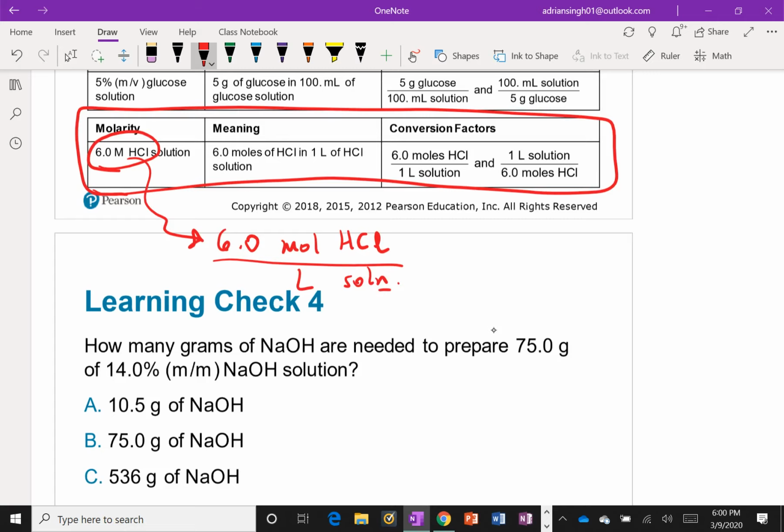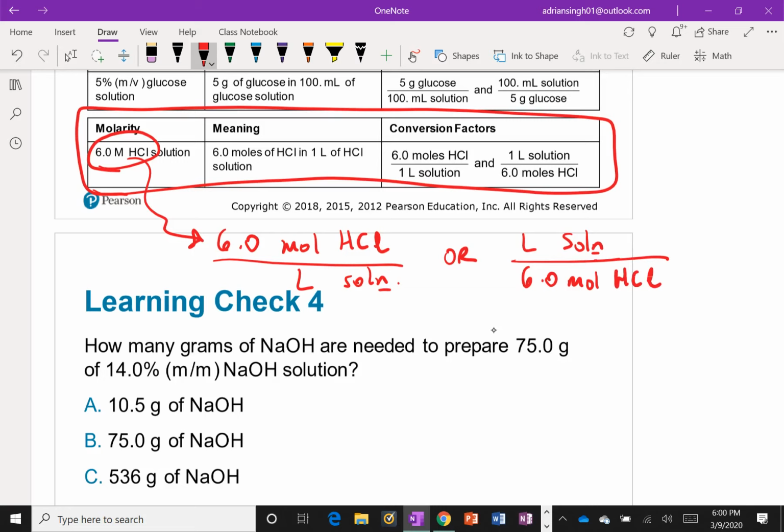So you're extracting from that concentration a conversion factor. And what can you do with that conversion factor? You can turn it upside down depending on what unit it is that you want to use or cancel out. So we have, for every liter of solution, 6.0 moles of HCl. Right? This is just another way by which you can come up with those conversion factors.